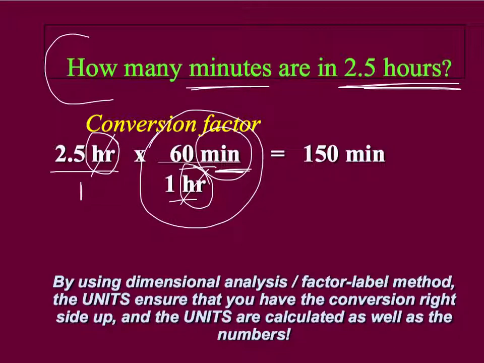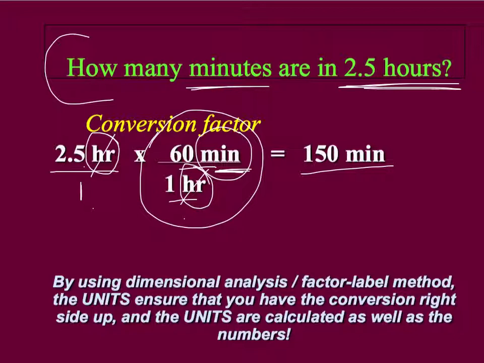Then to get your actual answer, you're just going to multiply across the top, so 2.5 times 60, and then you're going to divide by the bottom. There's only 1 and 1 on the bottom, so dividing by 1 is just going to keep it the same. 2.5 times 60 gives you 150 minutes. And that's your answer to how many minutes are in 2.5 hours.